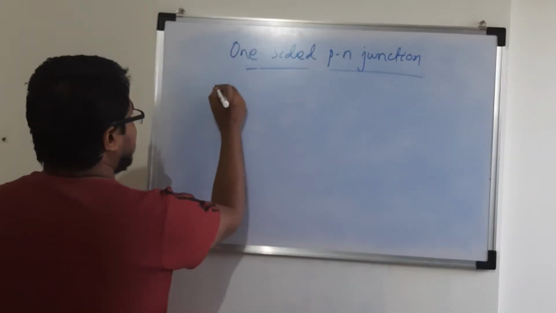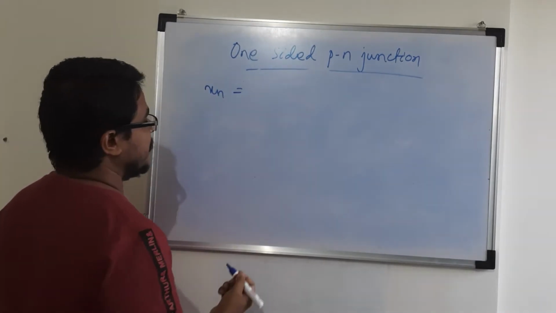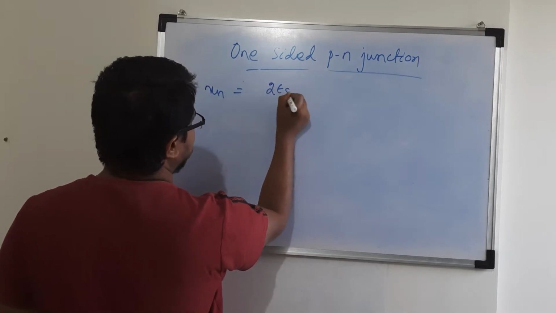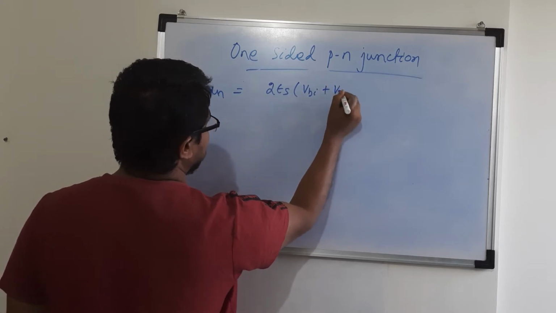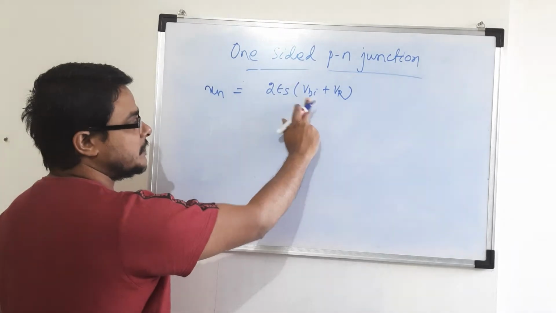So now the value of xn and xp that was already determined for a reverse applied bias, I am just writing those values. It is 2 epsilon s, and for reverse applied bias you have Vbi plus VR. In thermal equilibrium you will have only the Vbi value. We have already discussed this in one video.